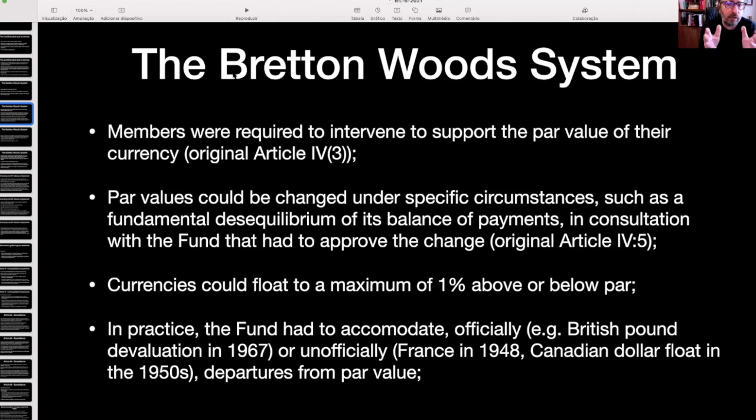And they were only allowed to float on a day-to-day basis. The value could only float above or below the central par rate by 1%. So minimum variations in terms of exchange rates. That is why it was called a system of stable exchange rates.